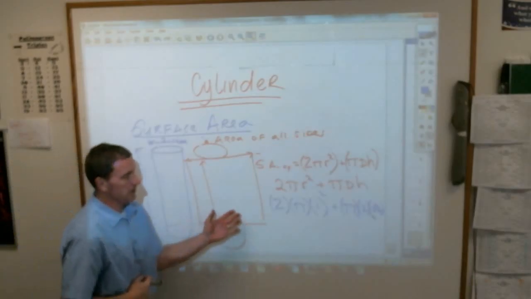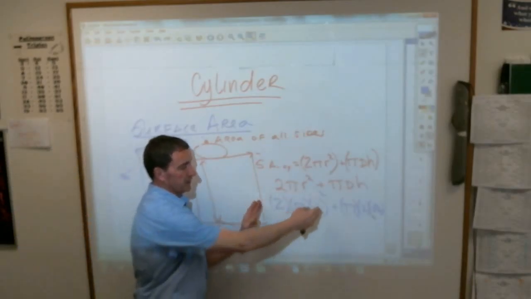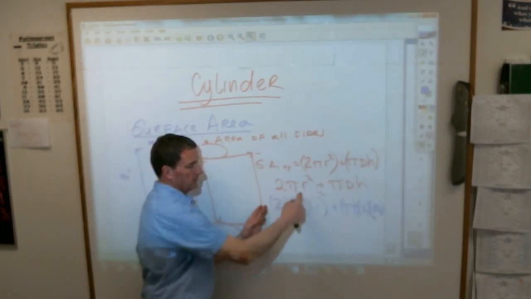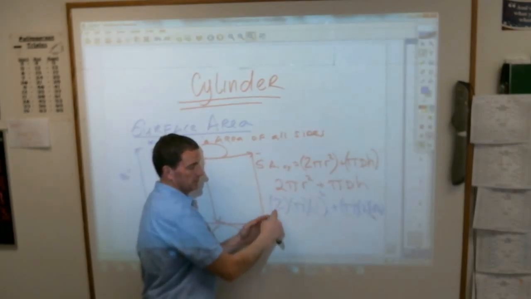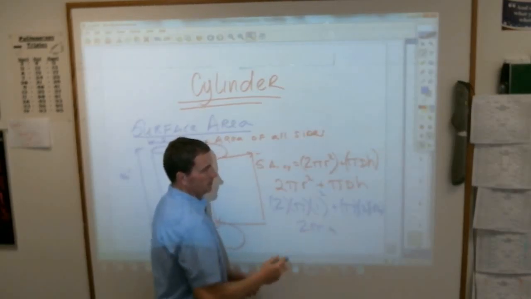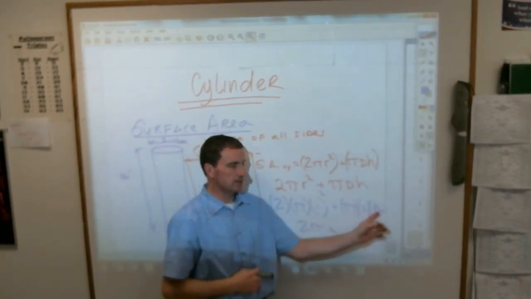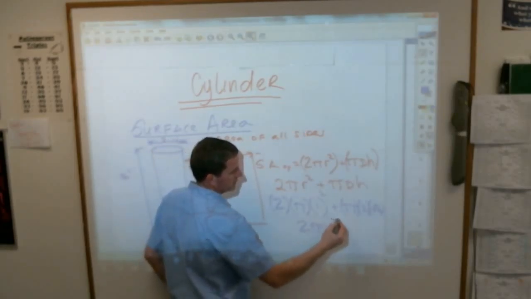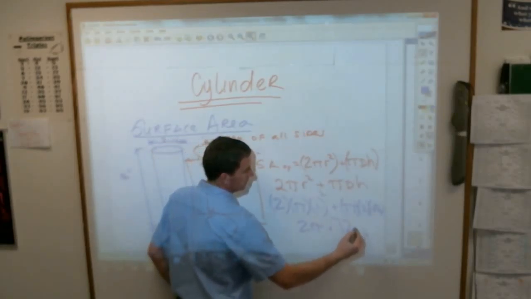Remember, you have to do multiplication and exponents first, so you have to do this part first. What's 1 squared? 1 times 2 times pi? 2 pi's. 2 times 36? 72 times pi is 72 pi's.